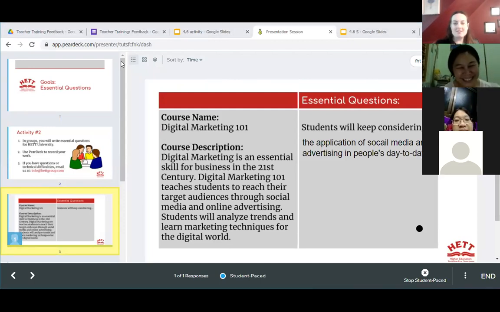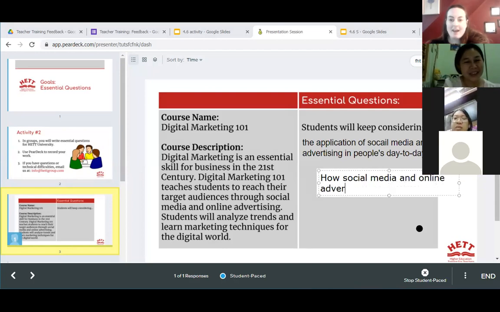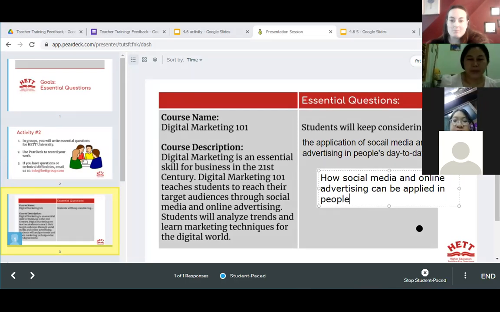So I'm going to use the annotate tool. You had written, students will keep considering the application of social media and online advertising in people's day-to-day life. So maybe we could change that into a question, like, how social media and online advertising can be applied in people's day-to-day life.